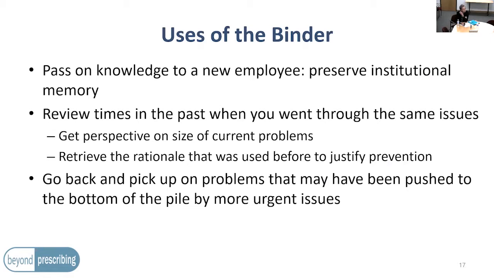So your data is very powerful to say, if we don't have this program, we're going to be going back to using X drug on everybody, and then we will go back to having the kind of C. difficile that we had 10 years ago. And it's important to be able to look back at that.